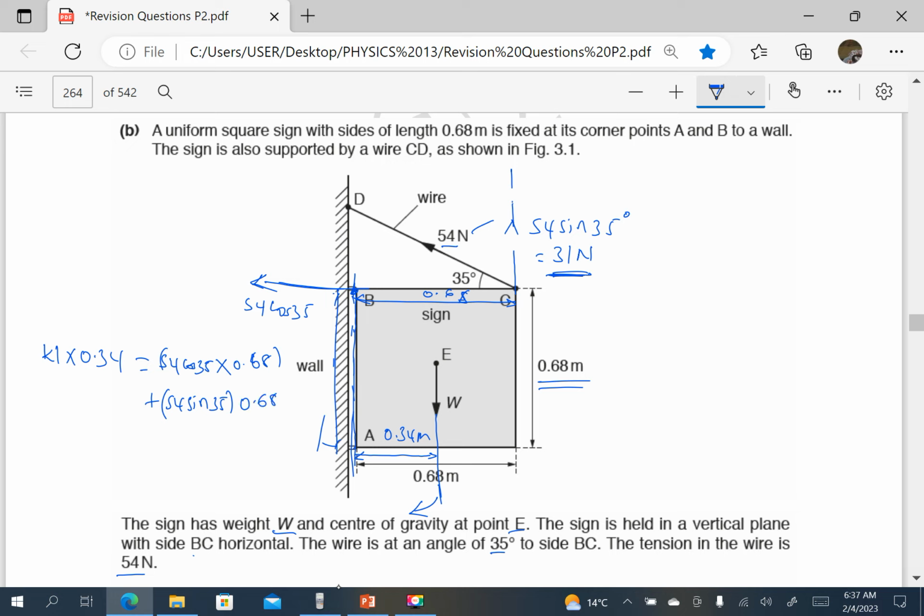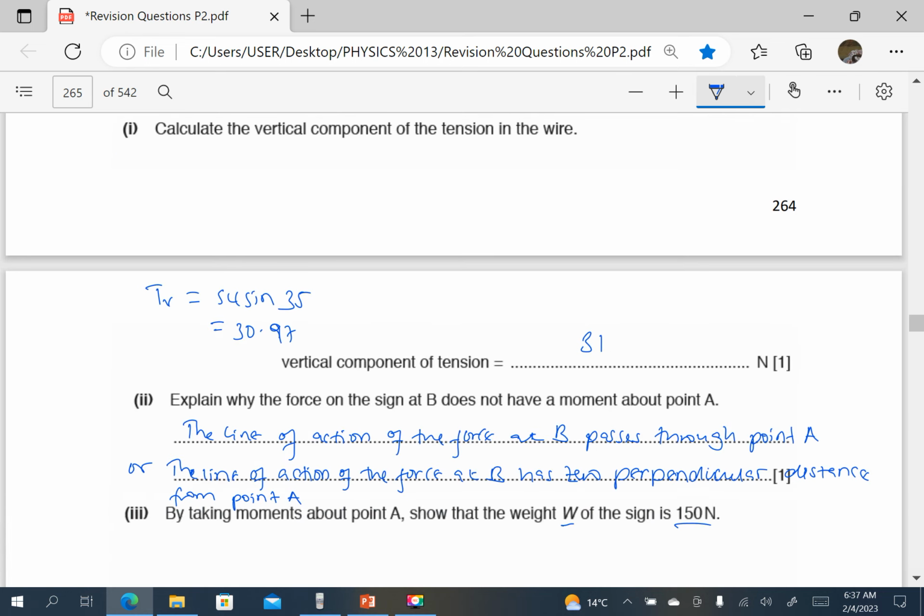Those will form the anticlockwise moments, and these will help us to find W for equilibrium.